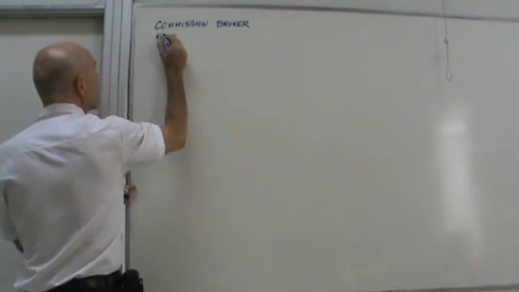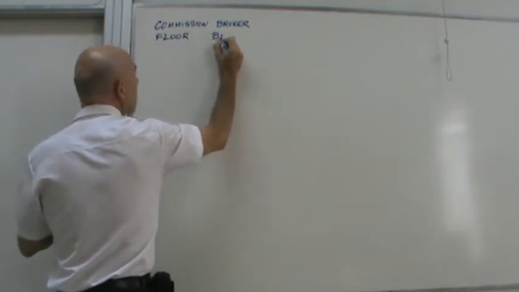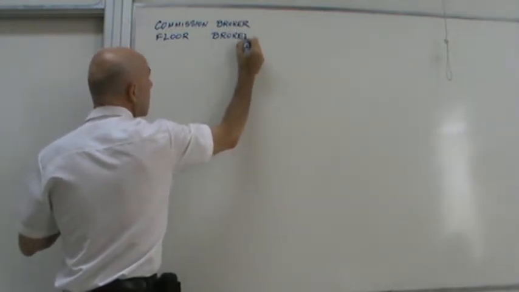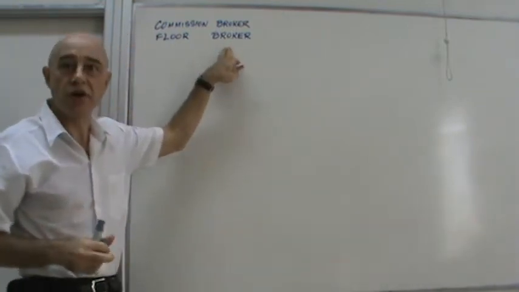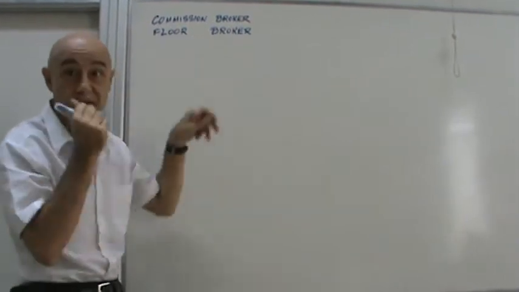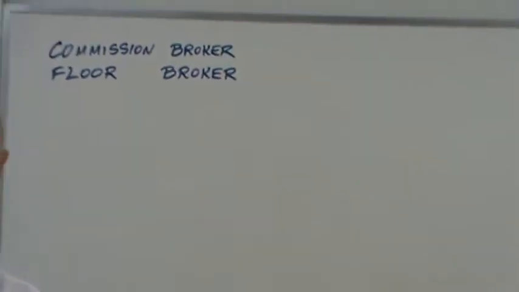And a floor broker. So, a broker, now that's where I can zoom in a little bit so that it's easier to see. I can also bring the camera closer to be more convenient.